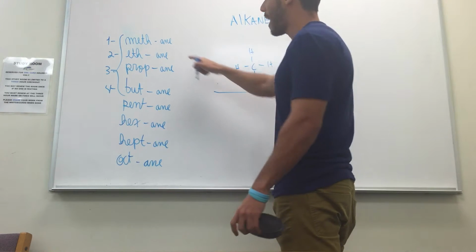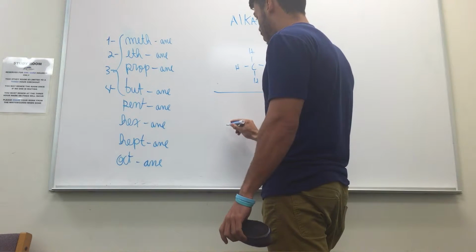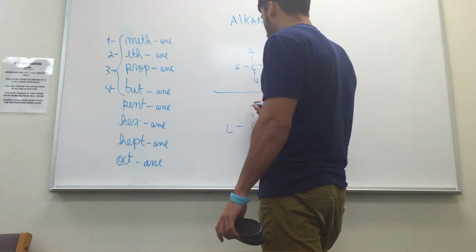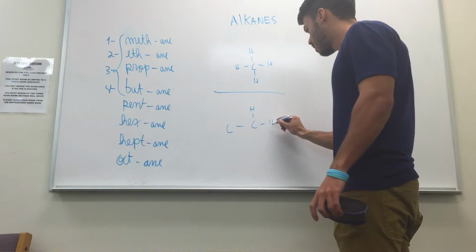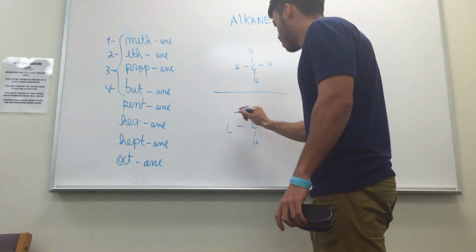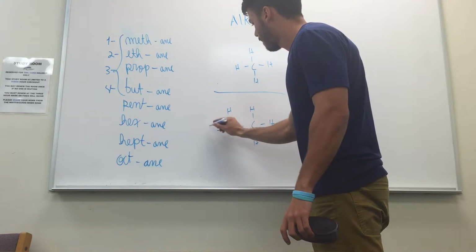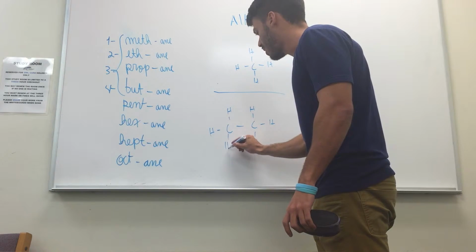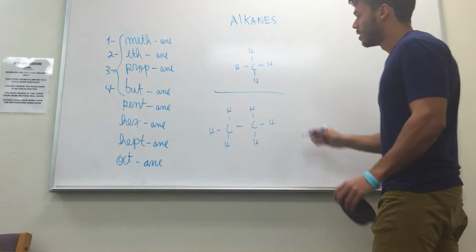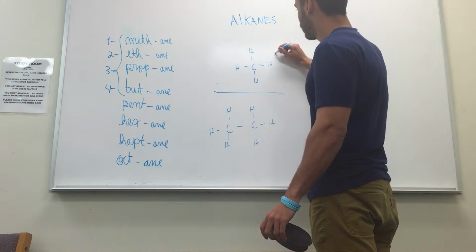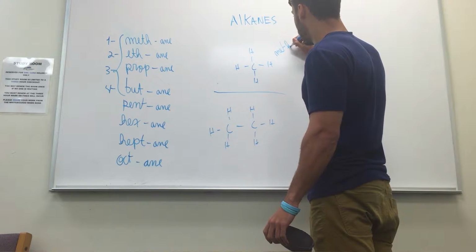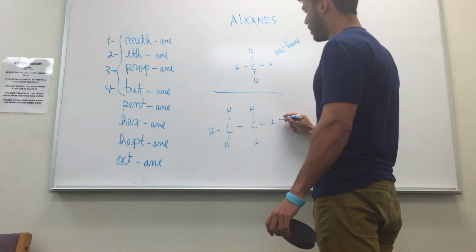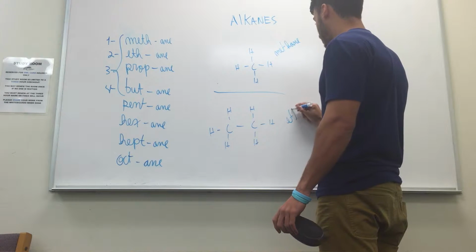Now, what do you think an ethane looks like? Ethane would just be 2 carbons attached to each other, each with 3 hydrogens attached to it, right? So this would be the methane, and this would be your ethane.